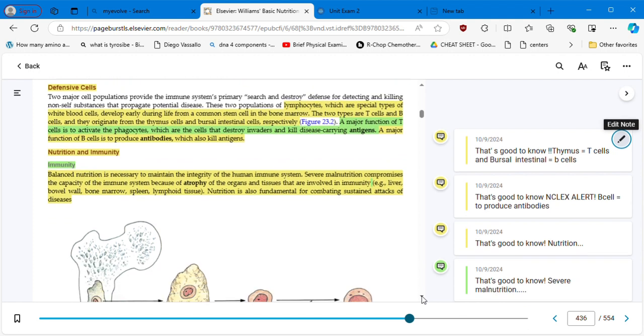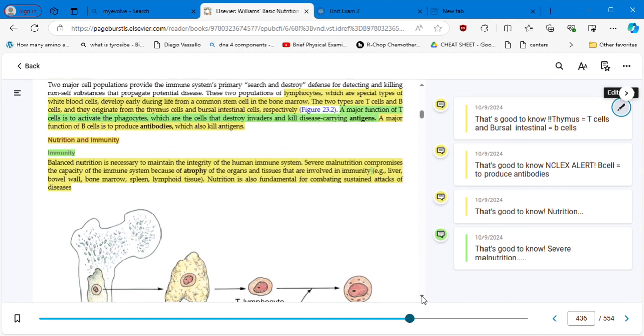A major function of the T cells is to activate the phagocytes, right? The macrophages, phagocytes, are the cells that destroy invaders and kill disease-carrying antigens. When we talk about antigens, this is a trick so I can remember this in a better way.